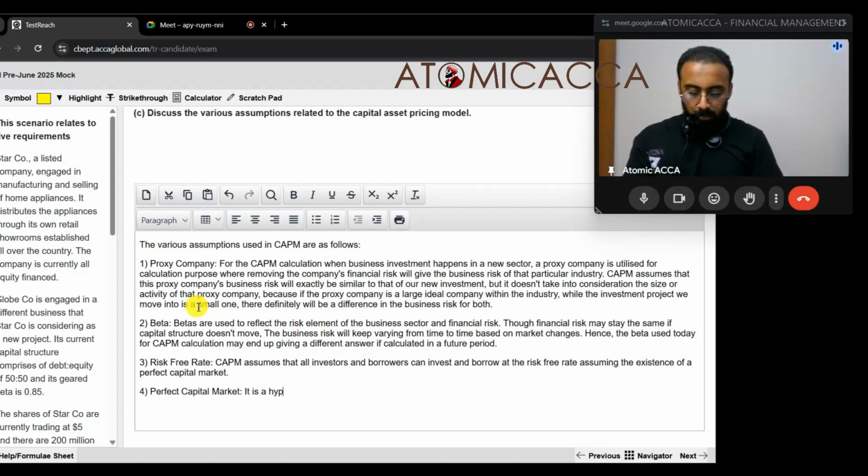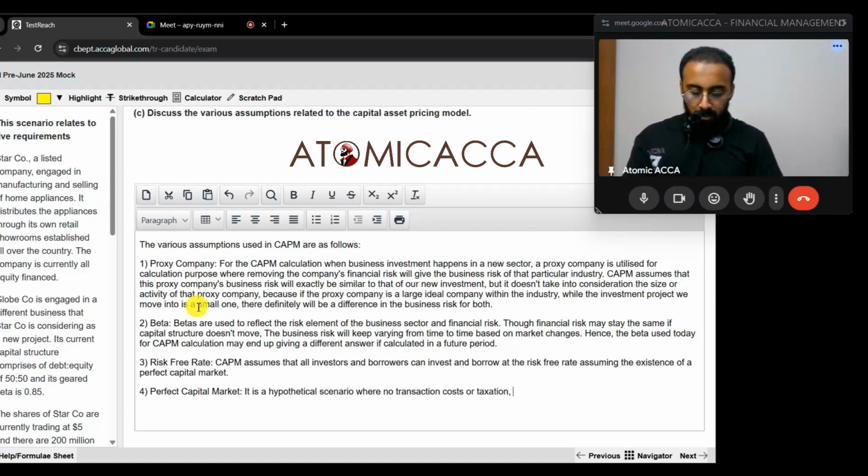It is a hypothetical scenario where no transaction cost or taxation exists. It assumes all investors have exactly the same information and react to everything in the same manner.